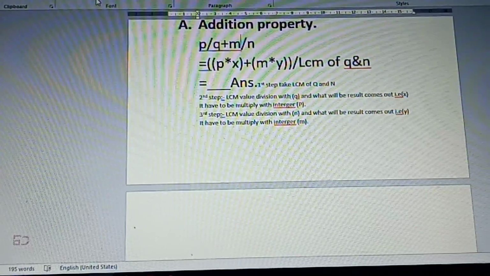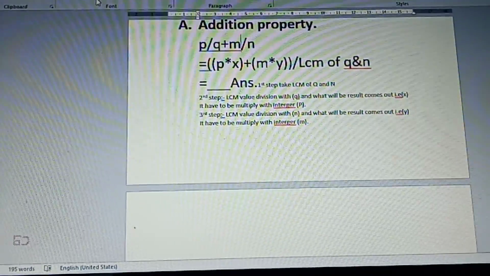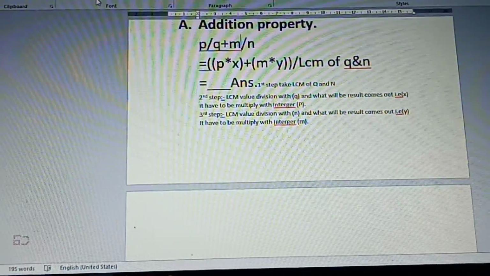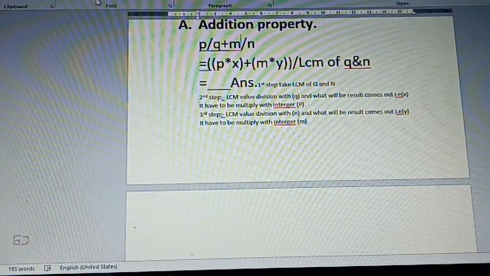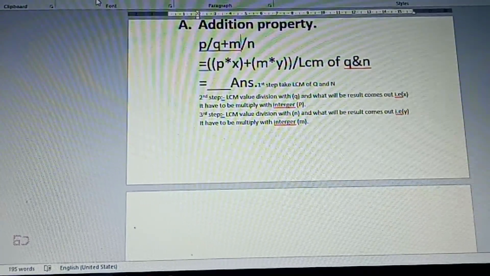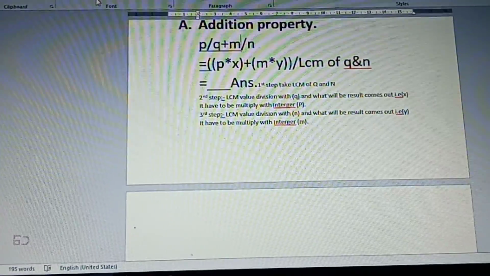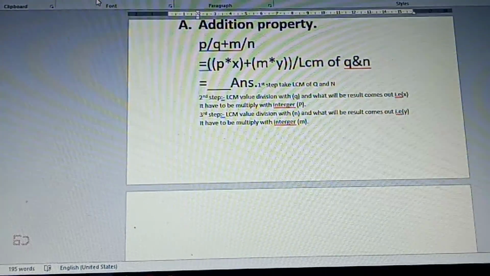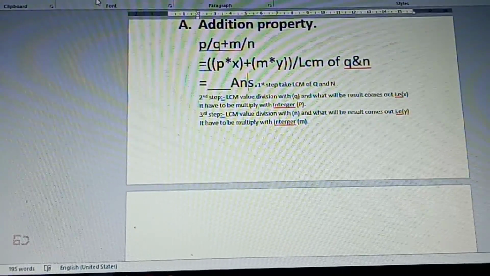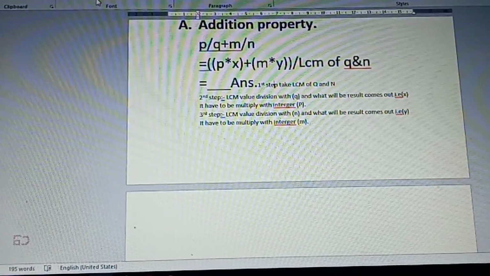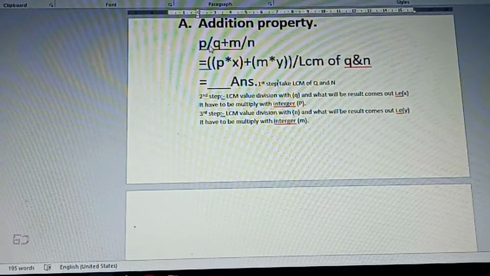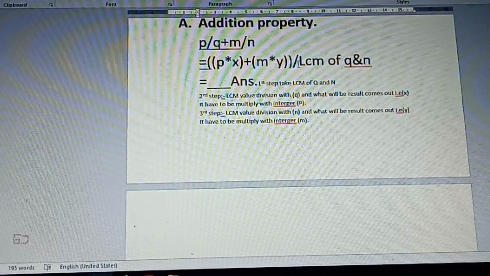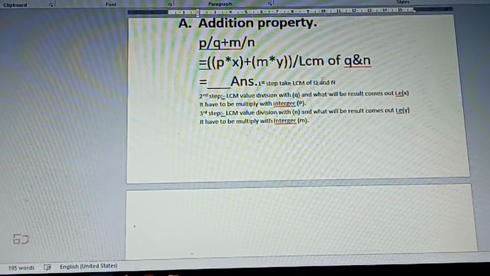P into X plus M into Y, whole bracketed, divided by LCM of Q and N. Here I have mentioned the stepwise procedure. First step, you take the LCM of Q and N. Here this is Q and this is N.